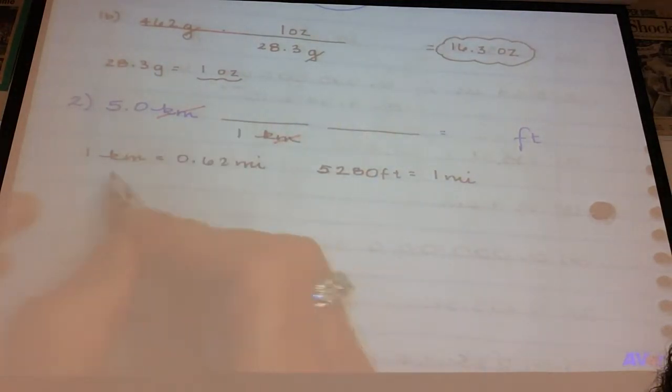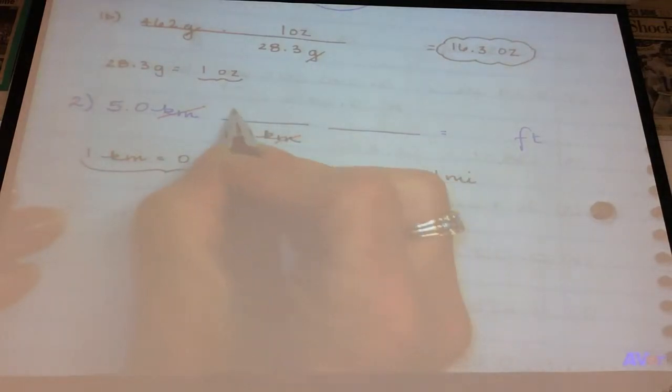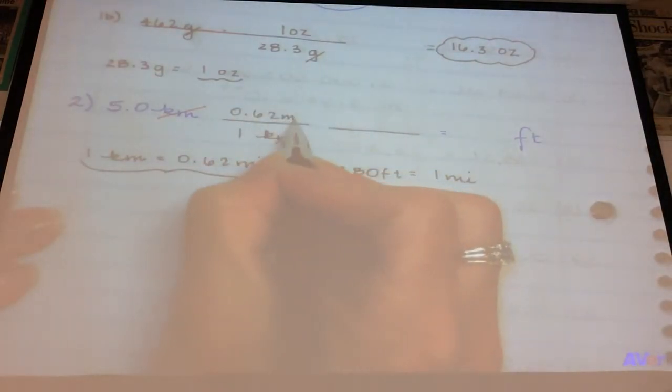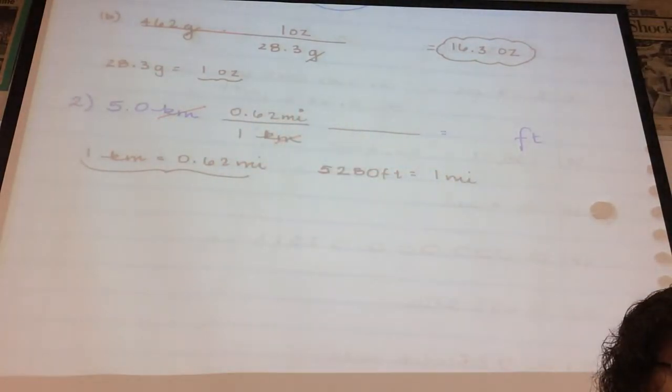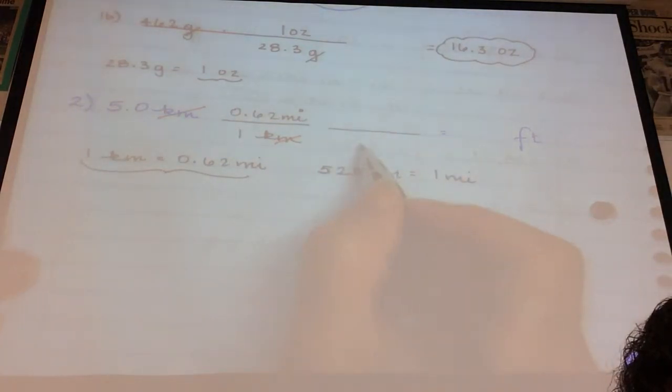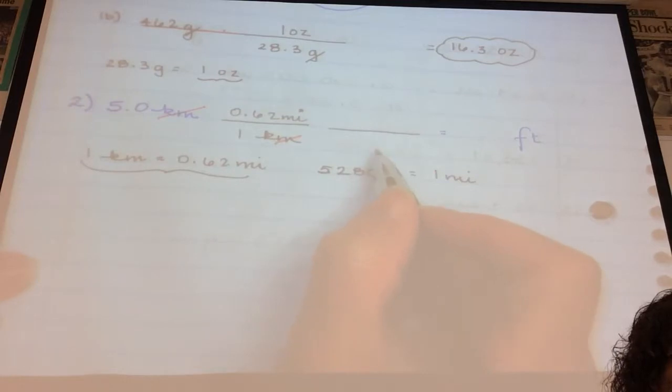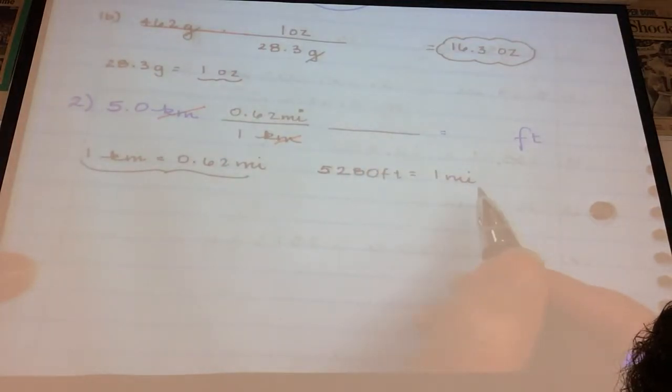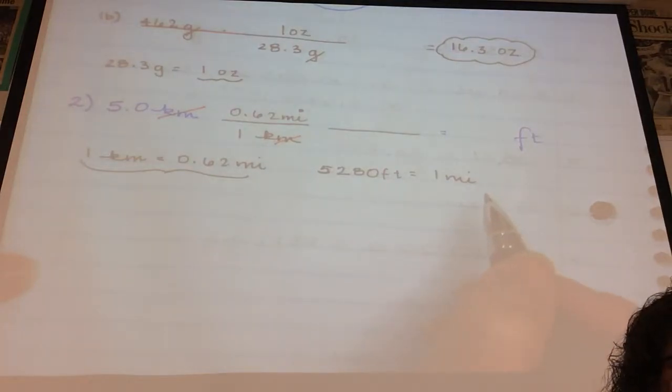And with the 1 kilometer goes the 0.62 miles. So now you'll be in miles, but you want to get to feet. So what's going to go in the denominator of this second fraction, Brian? The mile. And what number goes with the mile? 1. Yeah.